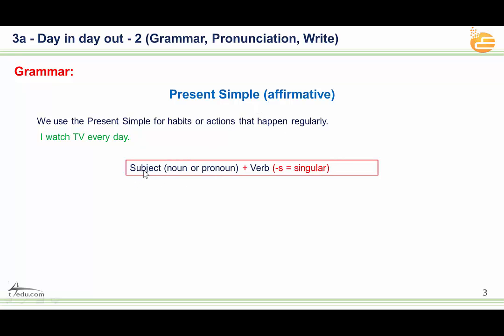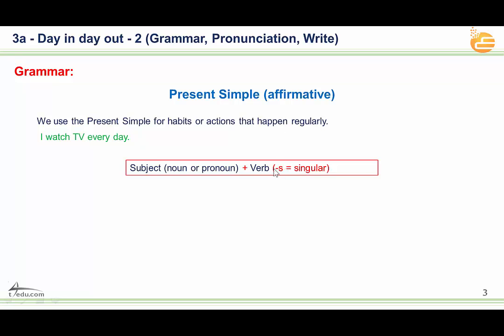Let's see. At first, we have to start with the subject. Maybe it's a noun or a pronoun. A noun, just like Ahmed, Ali, Abdullah, the boy, the teacher, the student, etc. Or the pronoun: he, she, it, we, you, they, I. After that, we use the verb. But I want you to be careful with the verb.